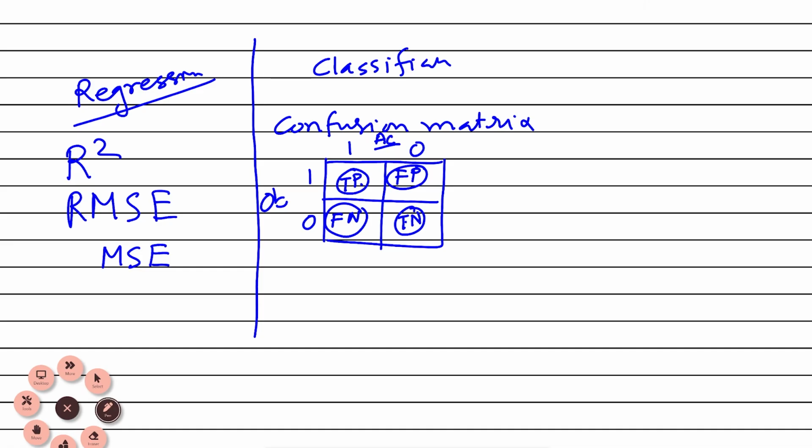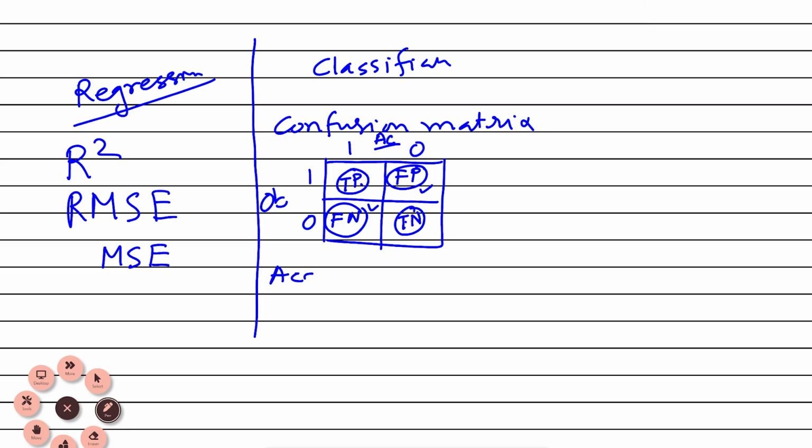Now the false negative is where the actual case was 1, but it was falsely predicted as 0, and here the actual case was 0, but it's falsely predicted as 1. So these two cells indicate how much error is happening with your model. Based on these 4 values, you can derive other metrics. One is accuracy.